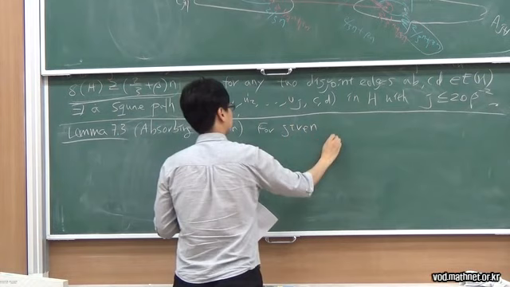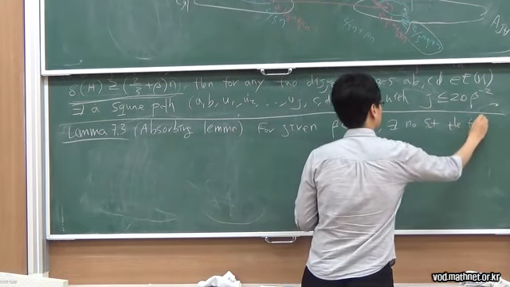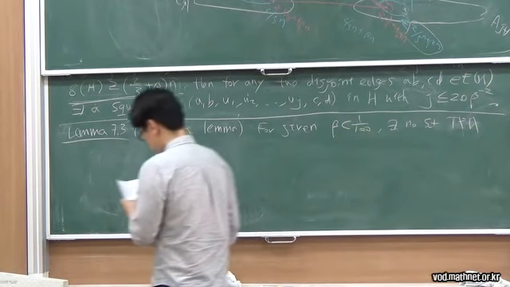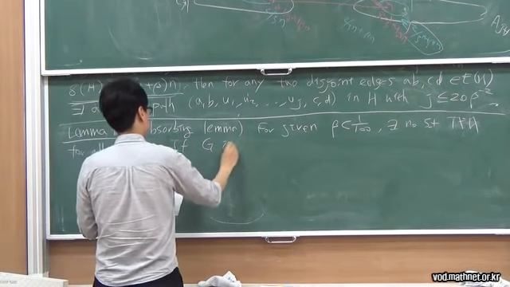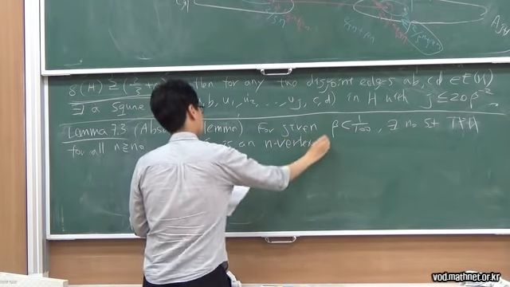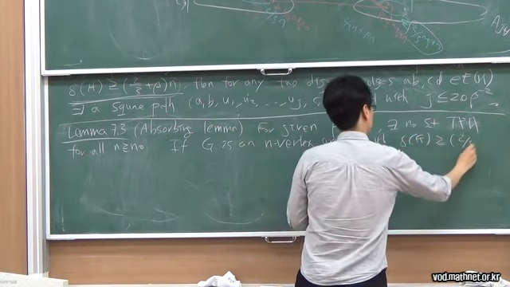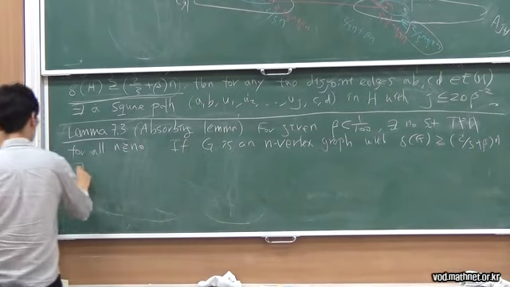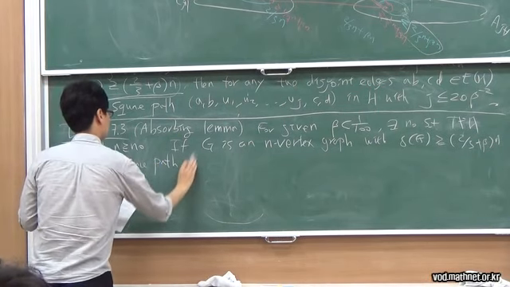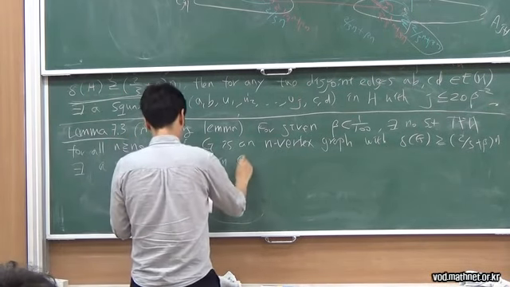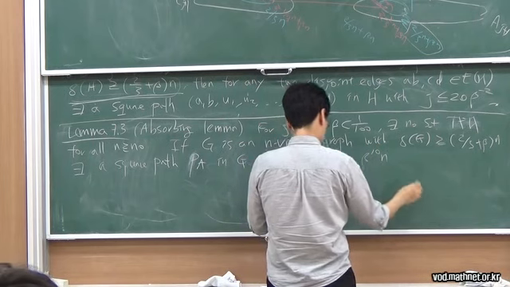So for given beta, say 1 over 100, there is n_0 such that the following holds for n at least n_0. If G is an n-vertex graph with minimum degree at least 2/3 plus beta times n, then there exists a square path P_A in G with at most beta to the 10 n vertices.